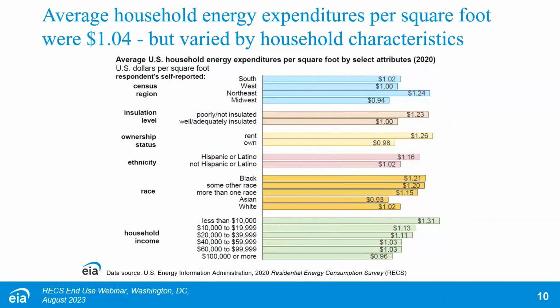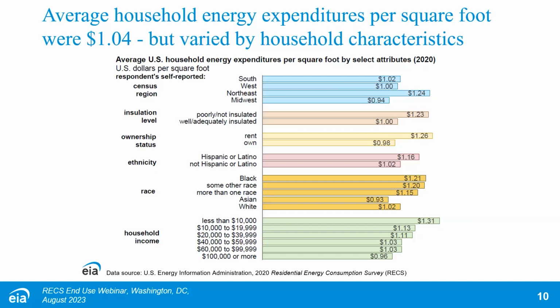So by household income, we're looking at expenditures per square foot. So something to keep in mind is that let's say you live in a 500 square foot apartment. There's certain things like your refrigerator or a TV or cooking that we all use. And you probably have a very similar refrigerator, stove, etc., in a 3,000 square foot house.